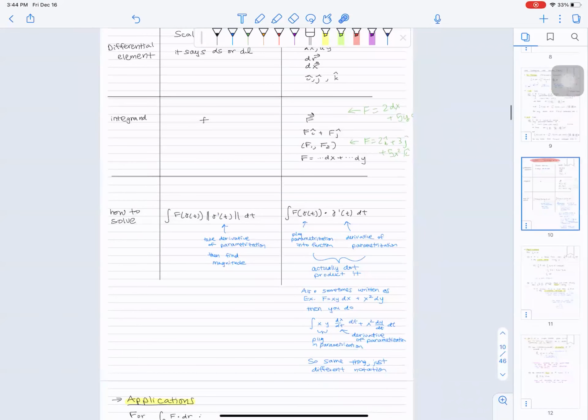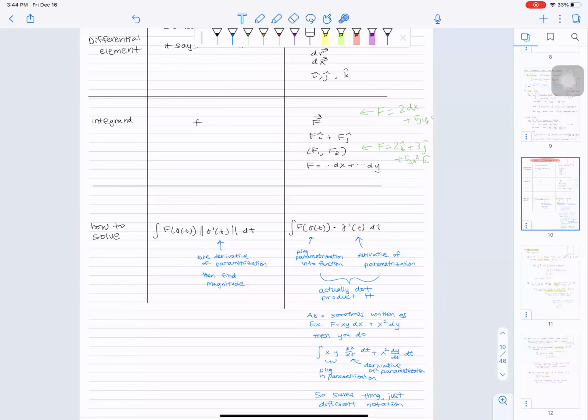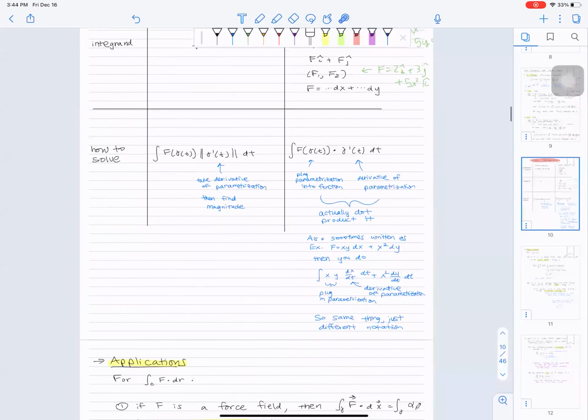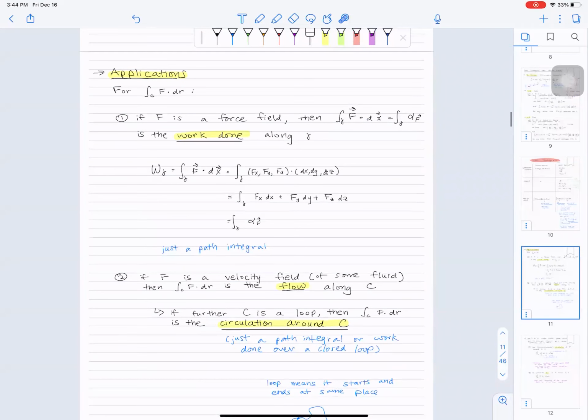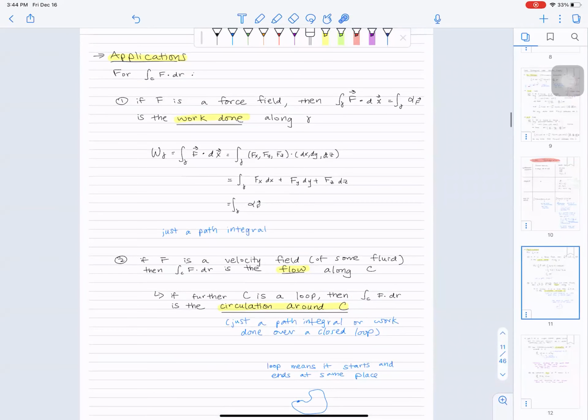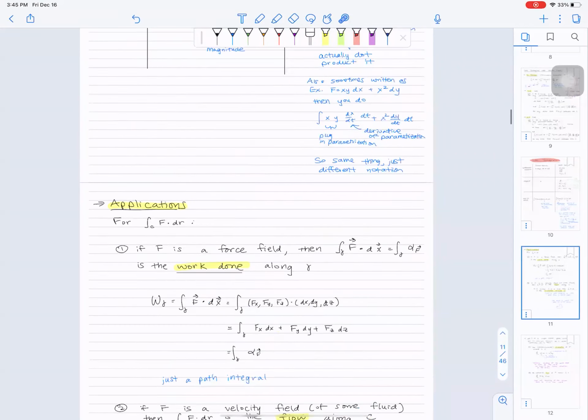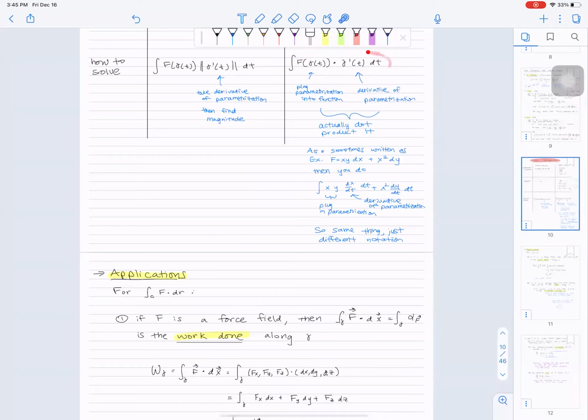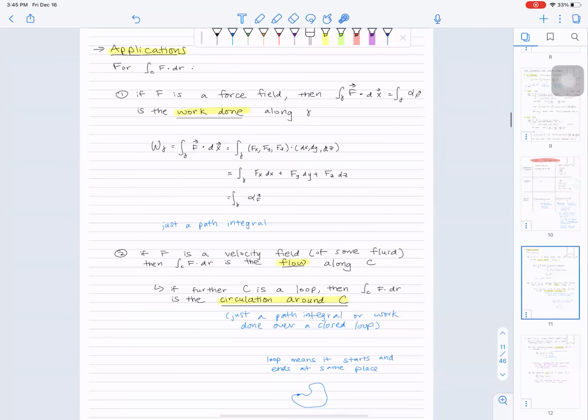Any questions on these line integrals so far? Okay, and then we have some applications. So we have work done. The work done along some curve gamma is given exactly as f dot dr, so that's the vector version. We also have flow.